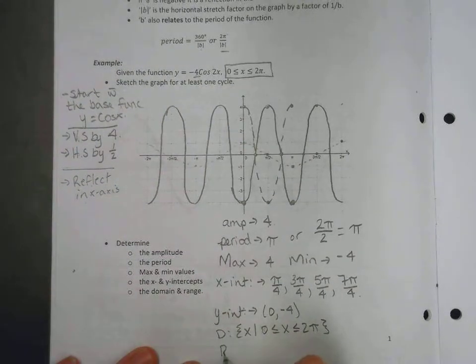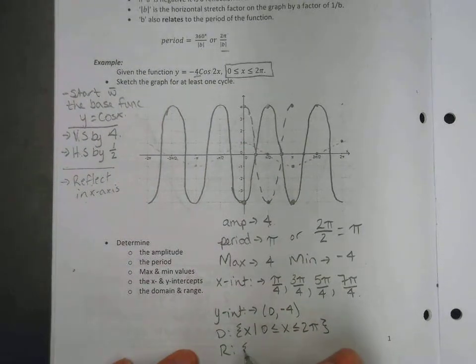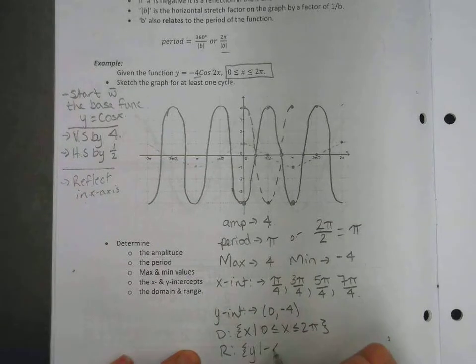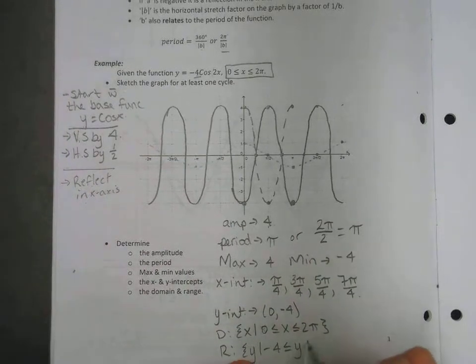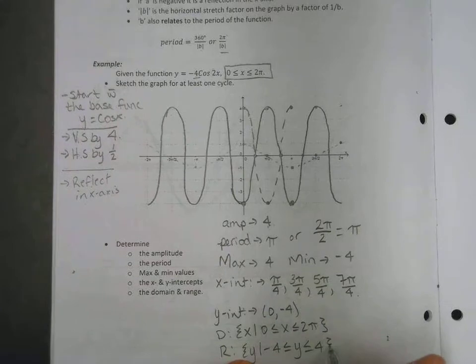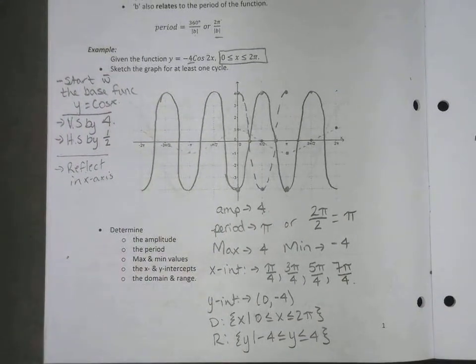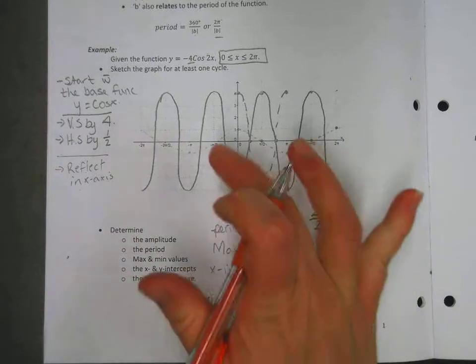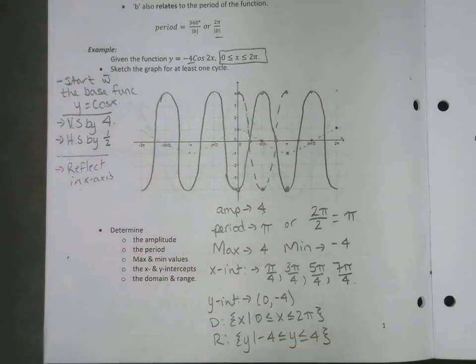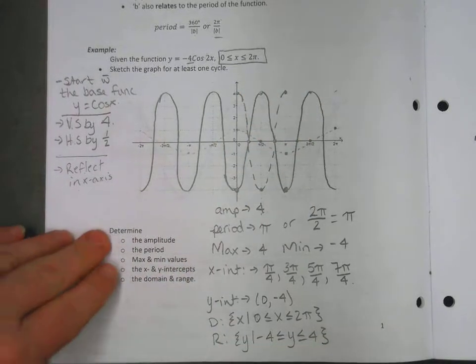And the range would now be -4 to 4. Okay, so characteristics of the function, sketch of my function, we're done.